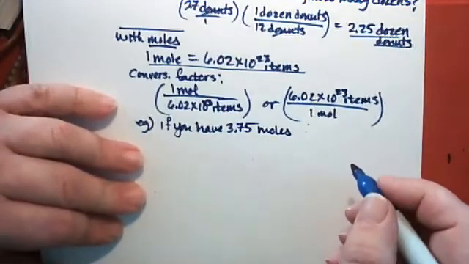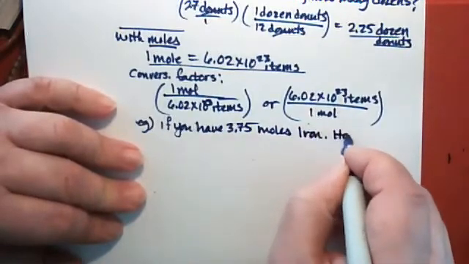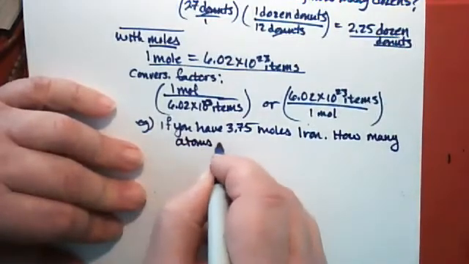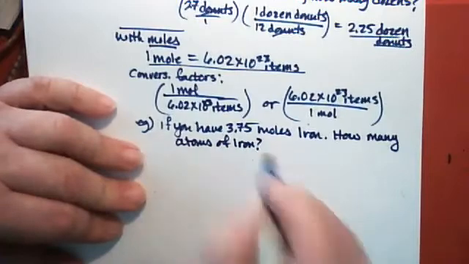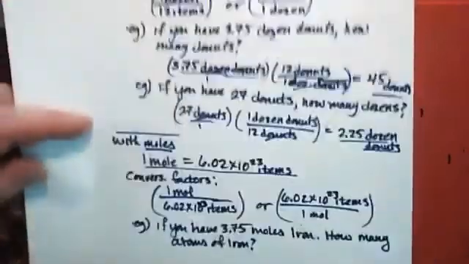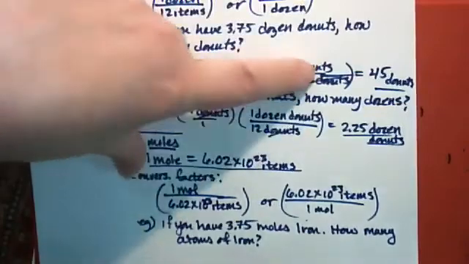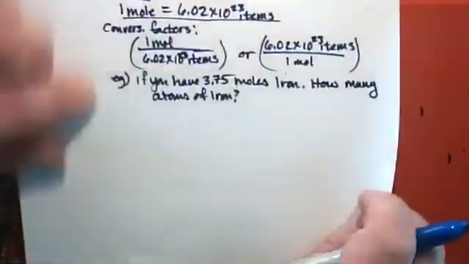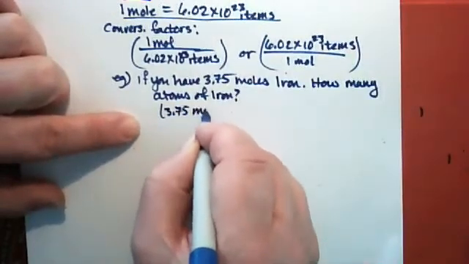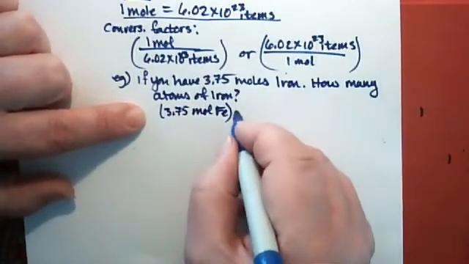say you have 3.75 moles of iron. So how many iron atoms do you have? Well, it's just the same idea as what we did up above with 3.75 dozens. Number of dozens times the number of items in a dozen. Down here, it's going to be number of moles of Fe. Fe is the symbol for iron, so that's why I'm writing that.